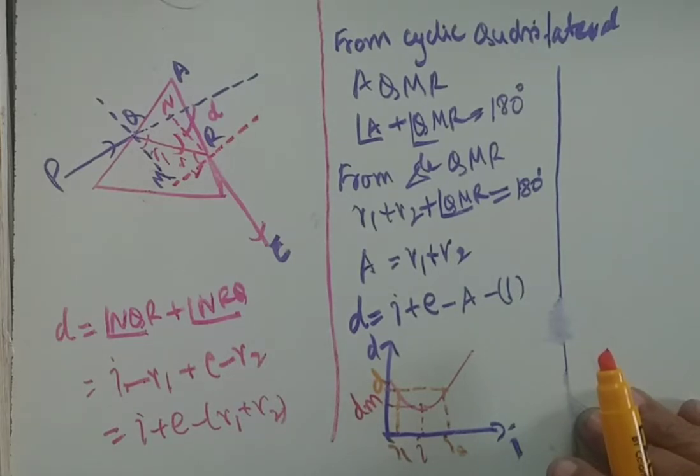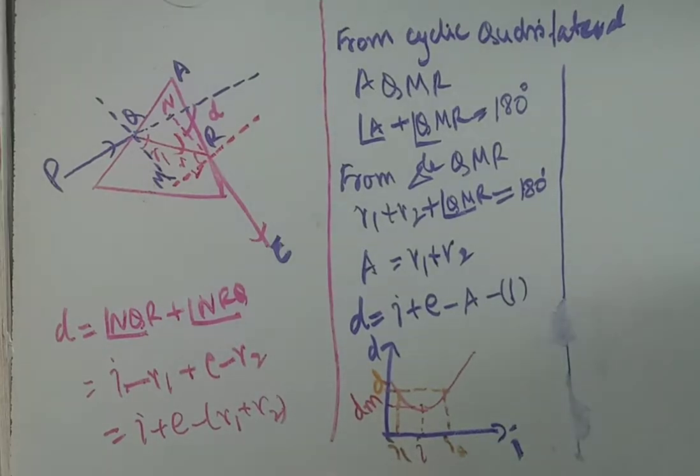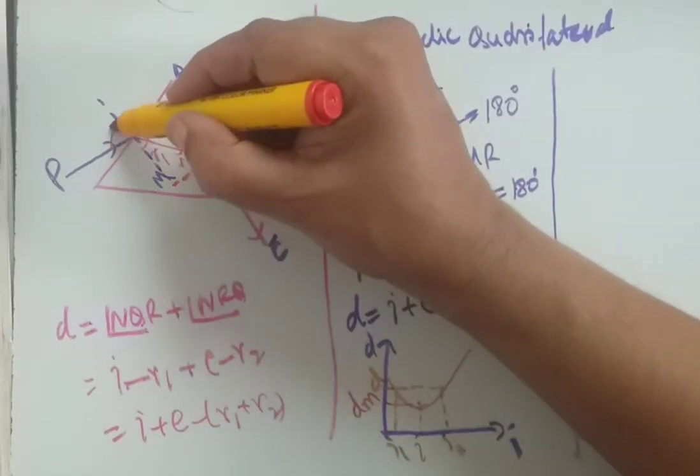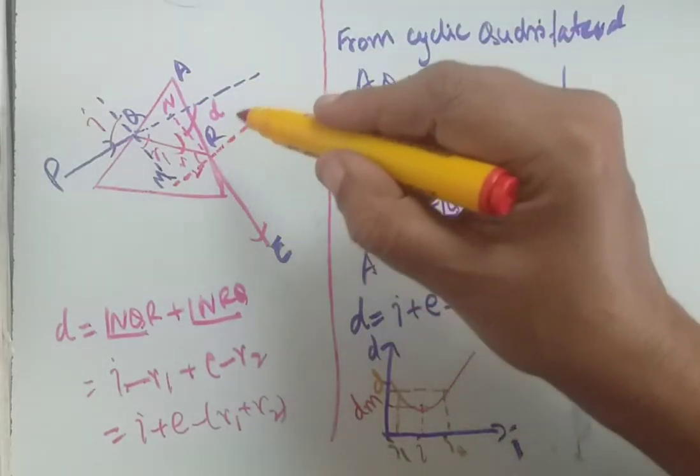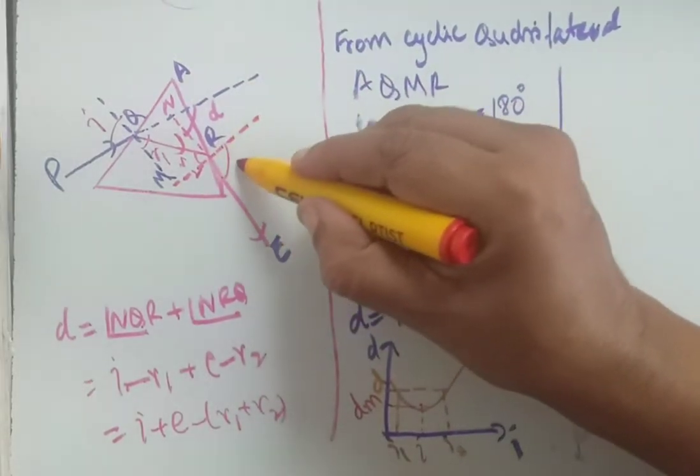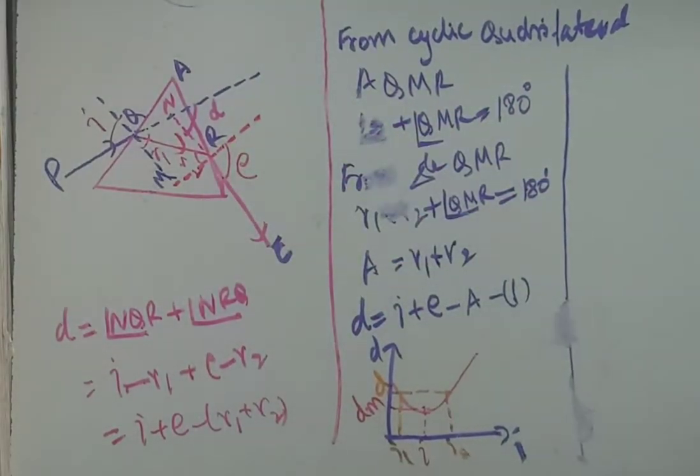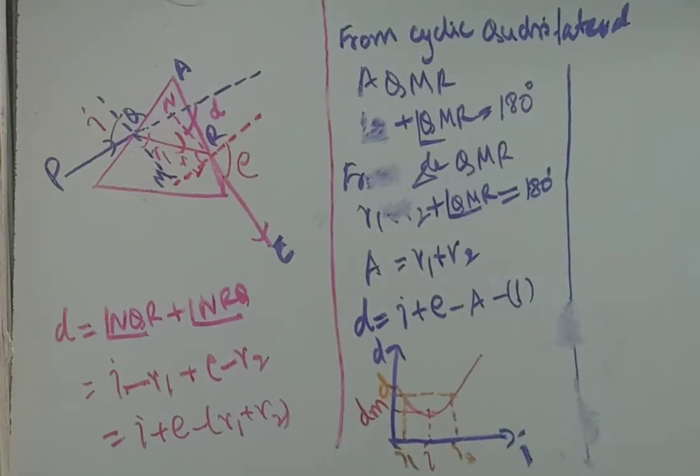That means, for the angle of incidence I here, and for the angle of emergence E here, according to the principle of reversibility, the deviation is the same. Therefore, I1, I2 are nothing but I and E.